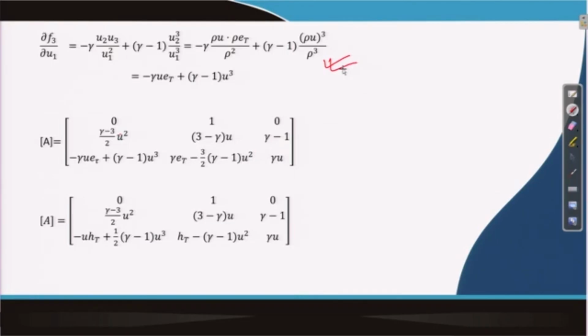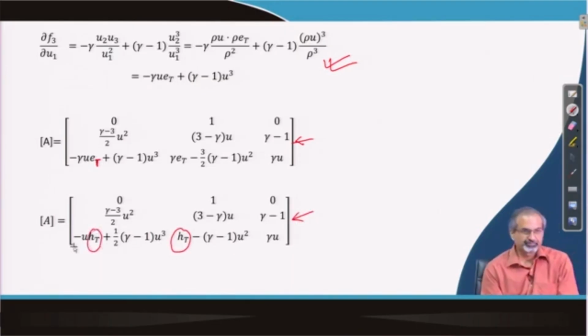As I was telling you earlier that there are alternative forms of this equation, this should be T, and the one that we have obtained is essentially this, but there are alternative forms where you can have the total enthalpy coming in.